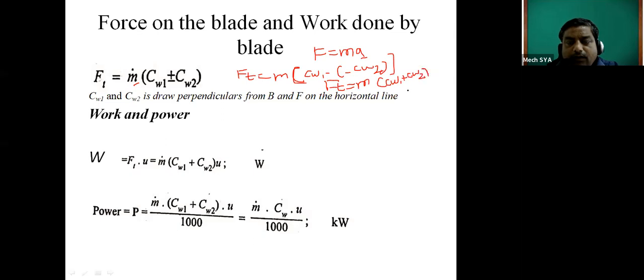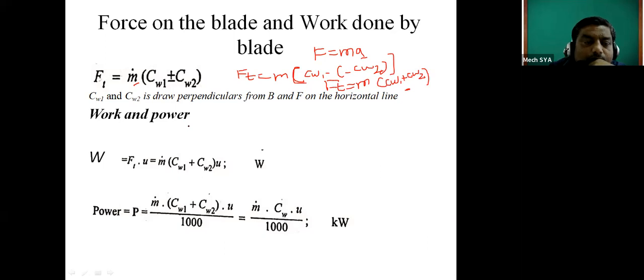So this is Ft, the tangential force exerted on the blade, CW1 plus CW2. Sometimes the situation is that CW1 and CW2 are in the same direction. In that case the minus sign will be there, so it is m into CW1 minus CW2.